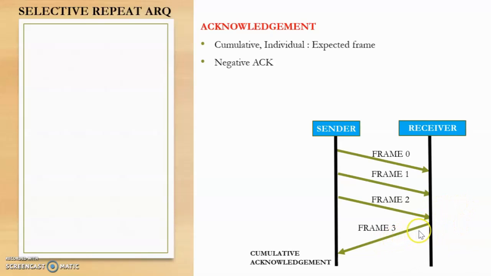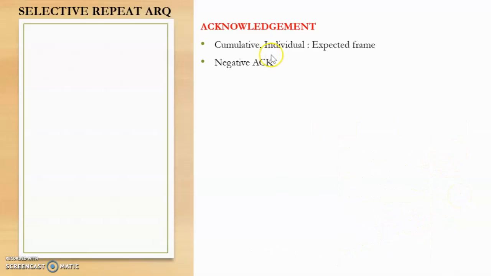So the receiver will send an acknowledgement frame with acknowledgement number as 3. So it means that the previous frames, that is the frames with sequence number 0, 1 and 2, are received. Also if required, the receiver can send individual acknowledgement, that is acknowledgement is sent for each frame separately, and an acknowledgement is always sent for the next expected frame.